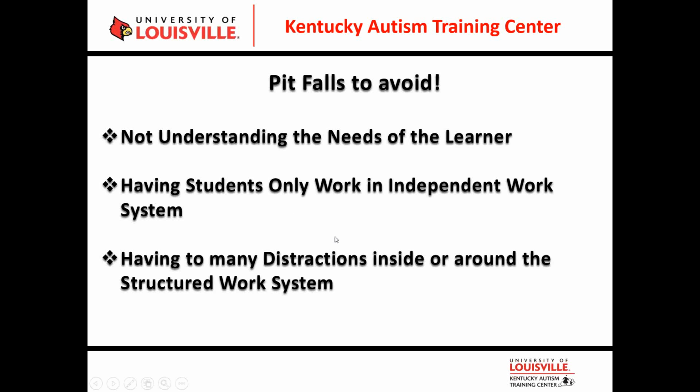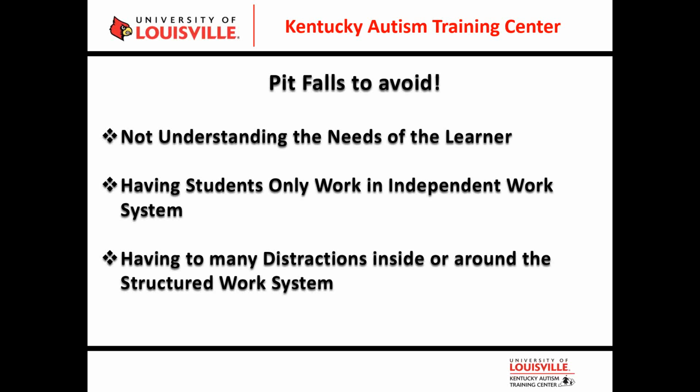So also having too many distractions inside or around the work system. I was in a classroom and they had an independent workstation, and they wanted the student to be in here by themselves and do the work, and they had placed it right next to the classroom door. And so the student would run off, and it gave him very close access to the front door of the classroom, so it was too much of a temptation to run out the door, so we had to relocate his work system.